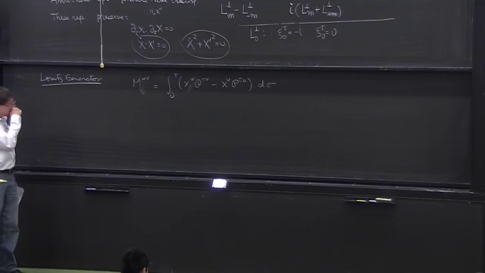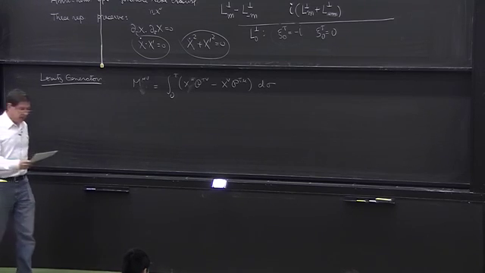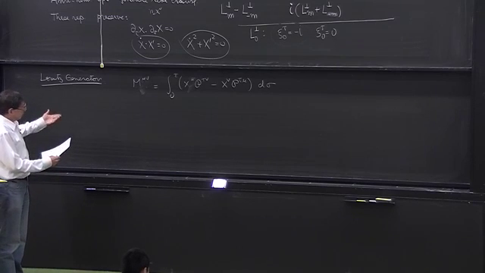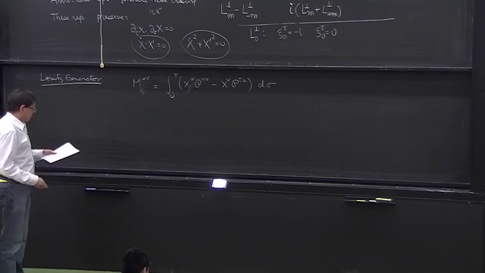These were our Lorentz generators. They were conserved charges associated to Lorentz symmetries. And we can write explicitly what they are.